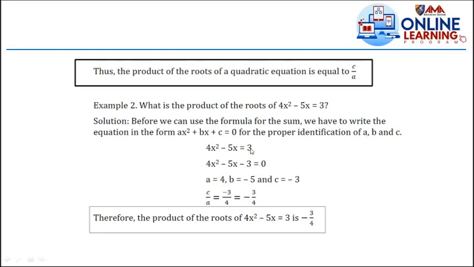So, gagawin po natin, itatranspose po natin to form a quadratic equation. 4x squared minus 5x minus 3 is equal to 0.